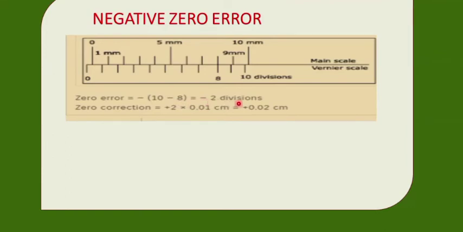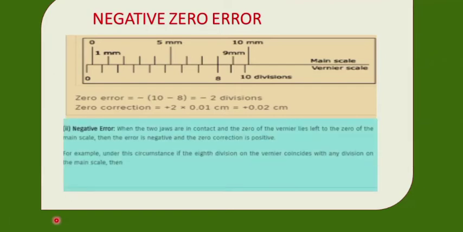Zero correction is positive 2 multiplied by 0.01 centimeter, and we get a positive zero correction of 0.02 centimeter. When the two jaws are in contact and the zero of the vernier lies to the left of the zero of the main scale, the error is negative and the zero correction is positive.